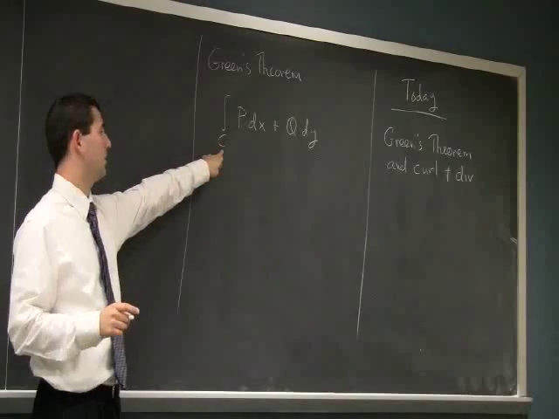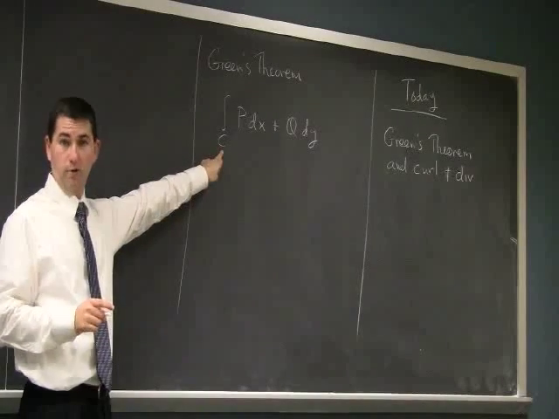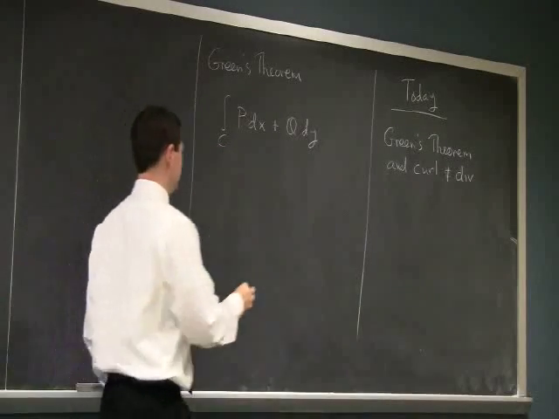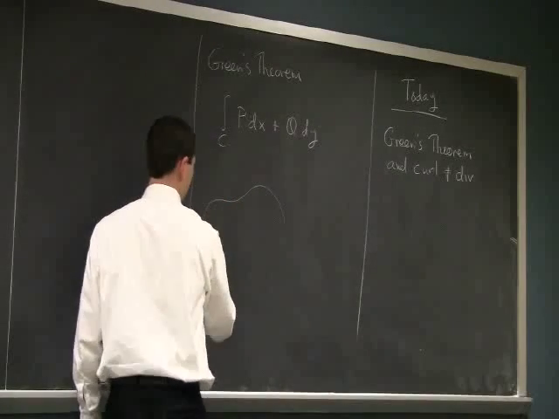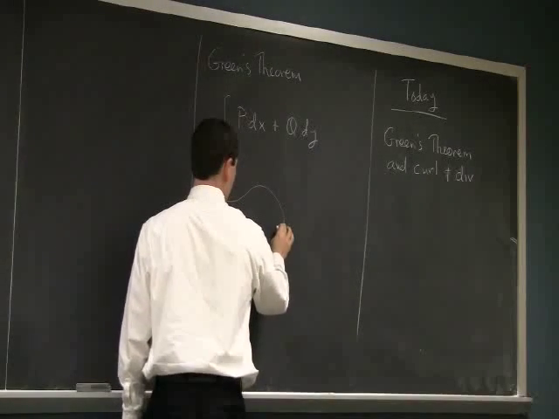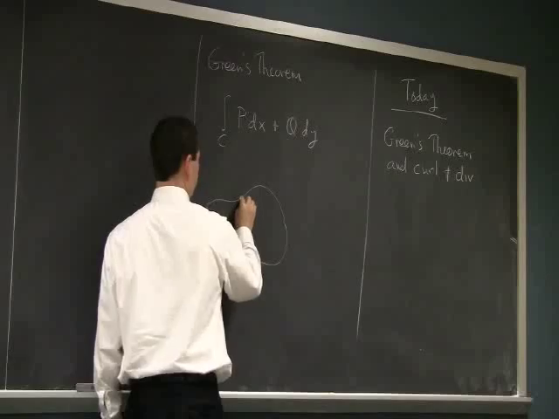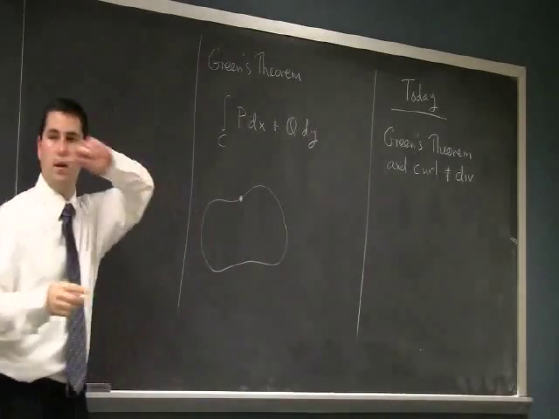So this curve is supposed to be a closed curve. Remember, closed meant that the terminal point and the starting point were the same. So maybe it starts and ends right there. Doesn't matter, it makes a loop.